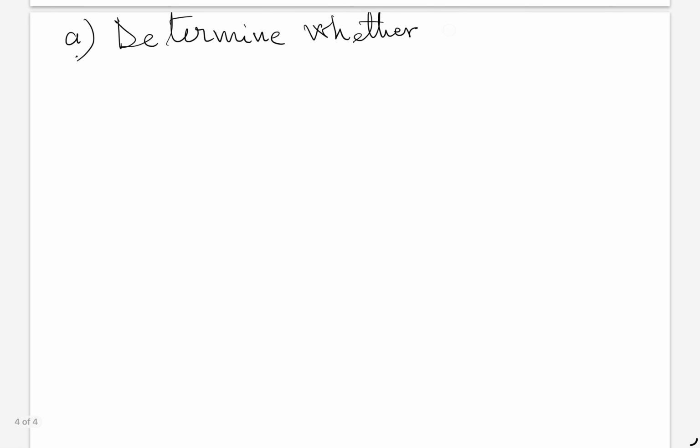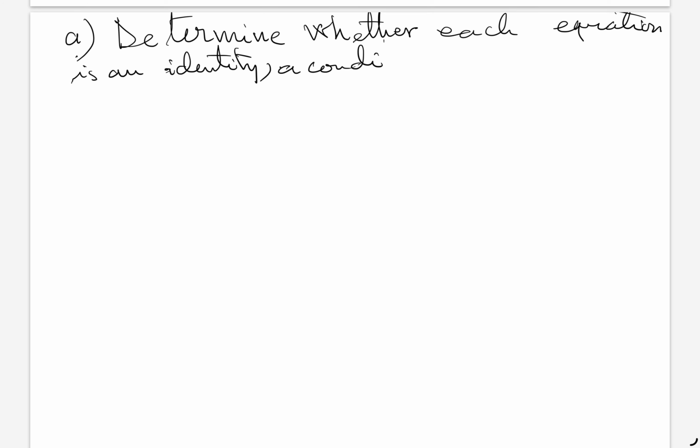So example, let's call it 8. Determine whether each equation is an identity or a conditional equation or a contradiction.